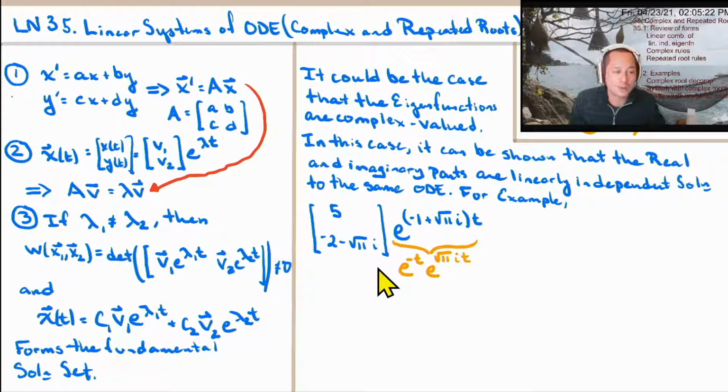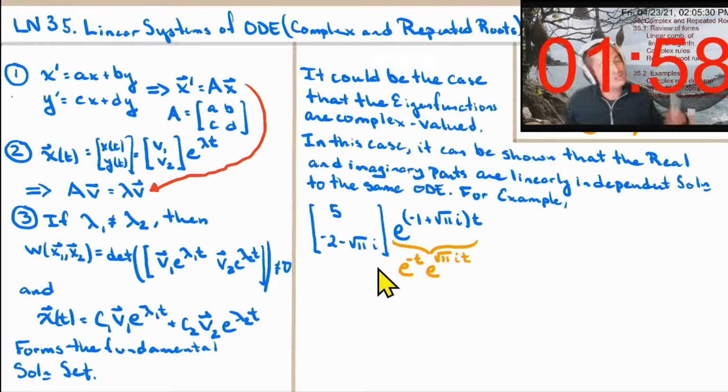So the first thing you're going to want to do is apply exponential rules to split out that real exponential. And now in the next 2 minutes, what I want us to try to do is just practice decomposing this. The more practice we do at this, the better we will be.